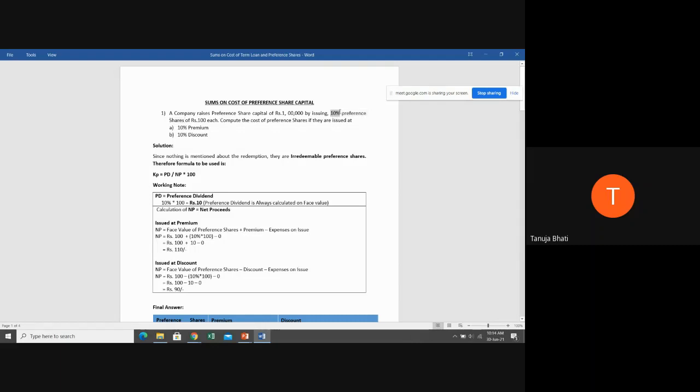Can anyone tell me what will be the dividend per share? If 10% is dividend, 10% is always calculated on the face value. We have already seen in the theory part that dividend is always calculated on the face value.